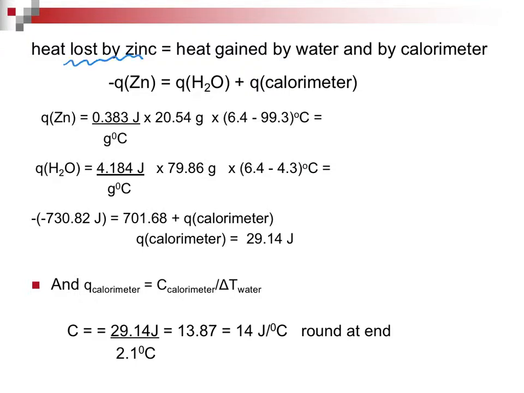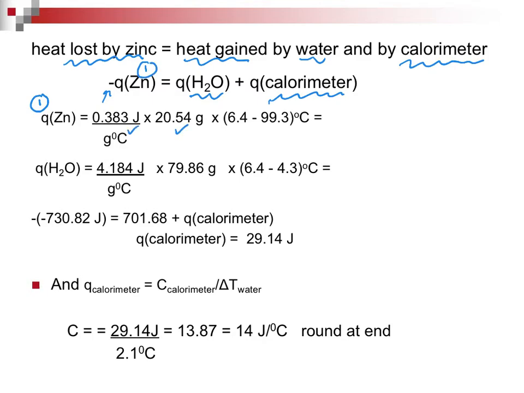We know that the heat lost by the zinc, it has the negative sign, is going to be equal to the heat gained by the water, there's the water, and also the heat gained by the calorimeter. Pause, because there's just a lot of information here until you get your hands around that. Now, just like we said on the slide before, we have everything we need to calculate the heat for the zinc.